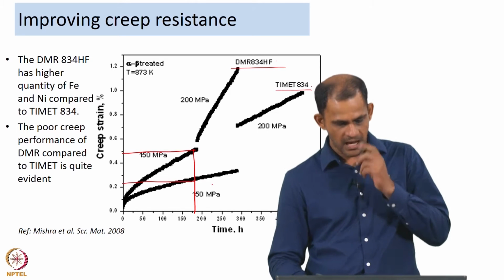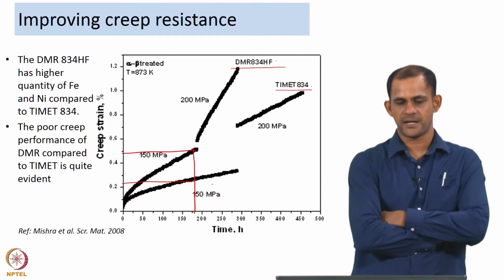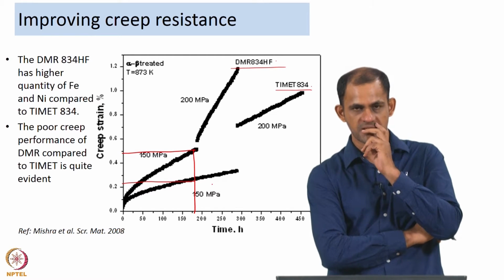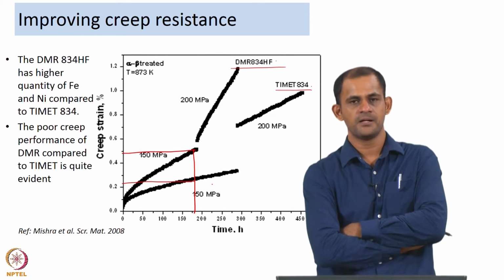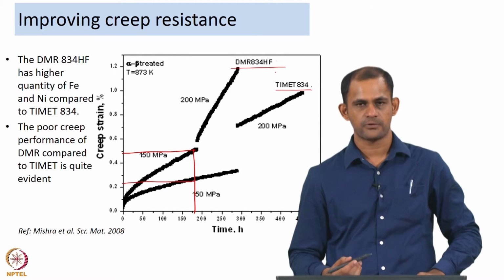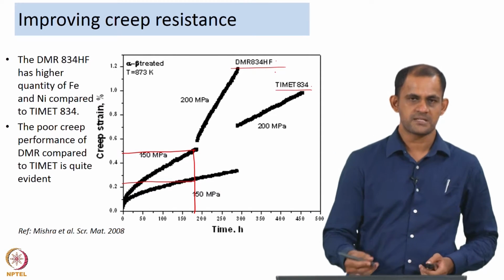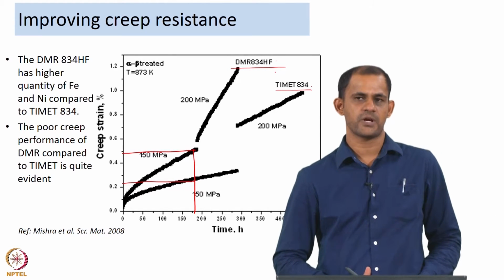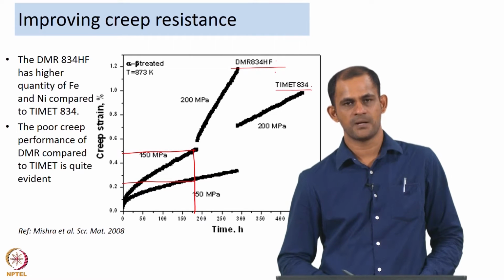So, almost half the creep strain provided by the DMR alloy. So, this poor creep performance is because of the presence of iron and nickel, which have reduced the activation energy of deformation for the DMR alloy compared to the Timetal alloy. So, that is the role of impurities, and that is why impurities have to be taken into account when you are designing a creep resistant material.